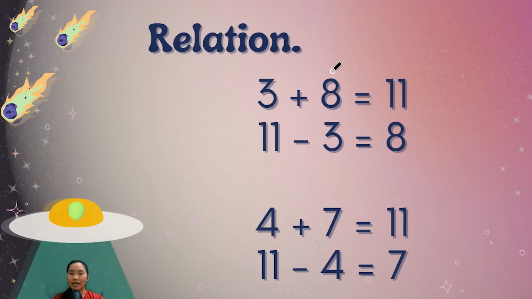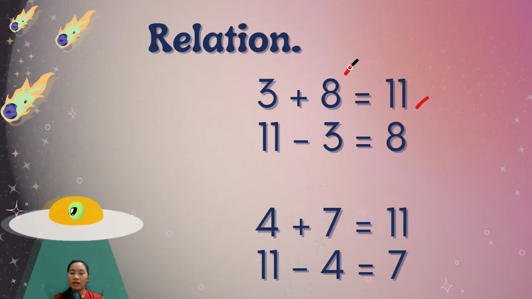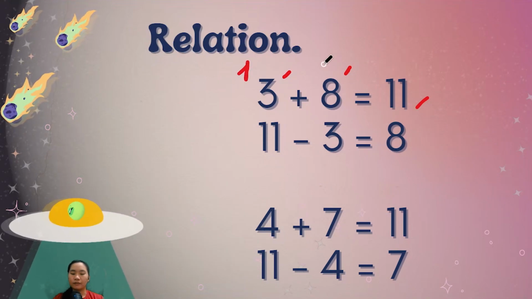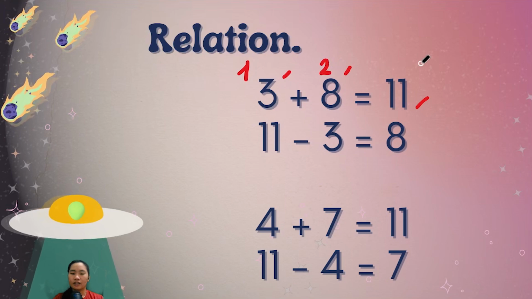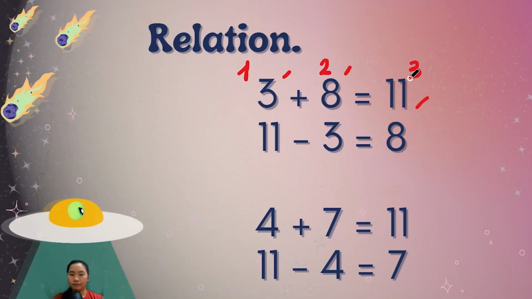3 plus 8 equals 11. 11 is the sum. 8 is the second addend. 3 is the first addend. So I'm just going to write first addend, second addend, and sum.